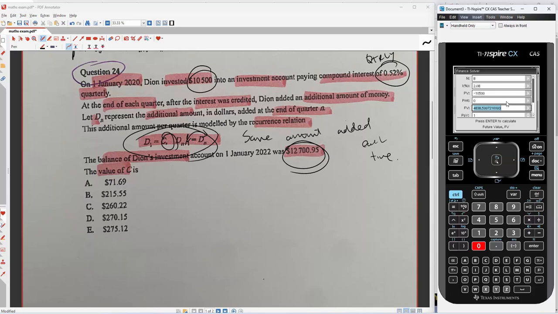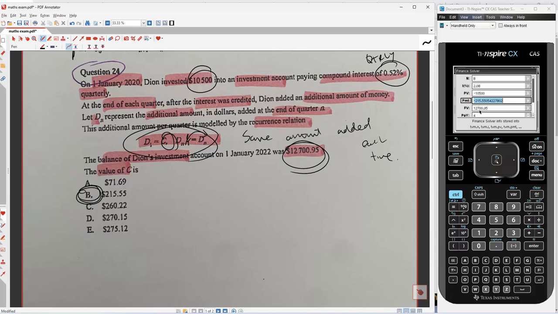Now at the end of that, the balance, or in theory, the bank would give Dion this amount of money, where this is happening 4 times a year. 4 key doesn't work on my computer. 4. Okay, so this should be the payment. Yep, there it is.